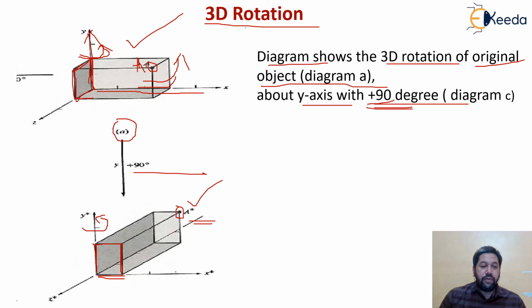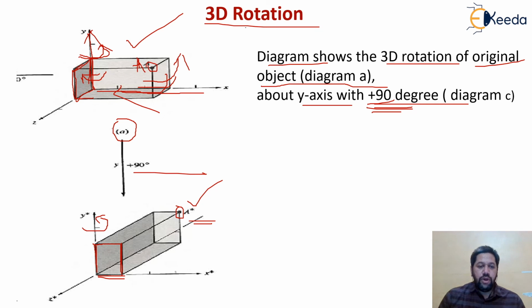If it is minus 90 degrees, what will happen? If it is minus 90 degrees, this side will come to the front side. This is the reverse angle of rotation about the y-axis. So for minus 90 degree rotation, the object will come to the front side, maintaining the right hand thumb rule.